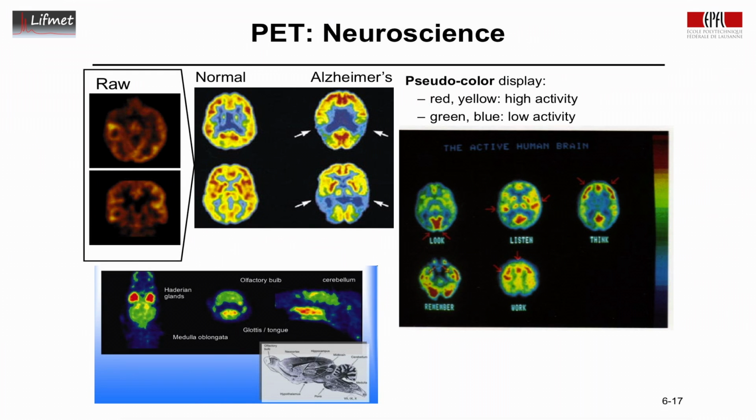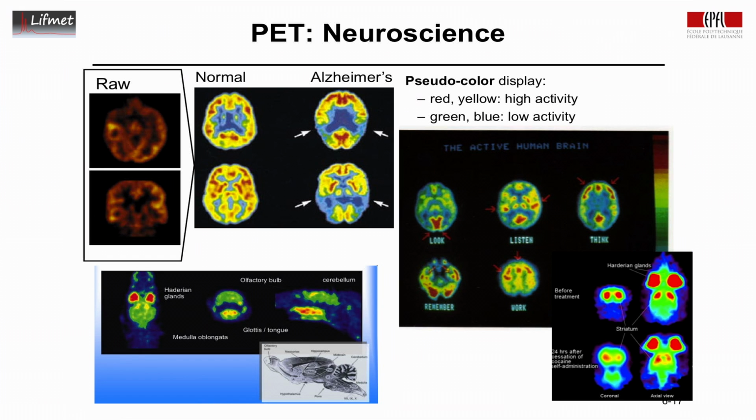Here's an example of a rodent brain. We have the rodent brain at the front, we have the olfactory bulb, so this is cut through the olfactory bulb. Then we have the cerebellum and the cerebrum here. And one particular feature of rodents is the Harderian glands, which take up glucose very highly and produce an uptake that's very strong. They're not part of the brain, but they have a strong uptake.